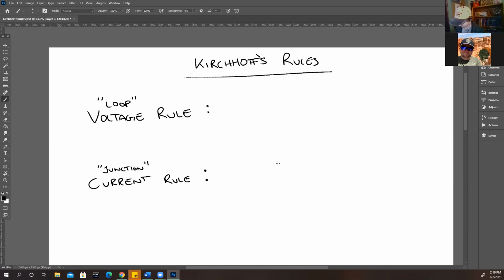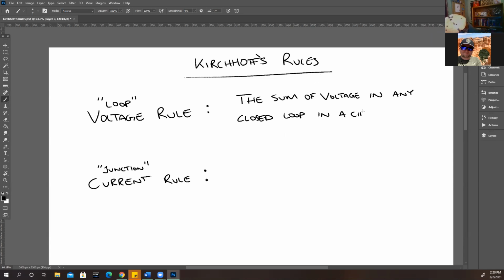So we'll say the sum of voltage in any closed loop in a circuit is 0.